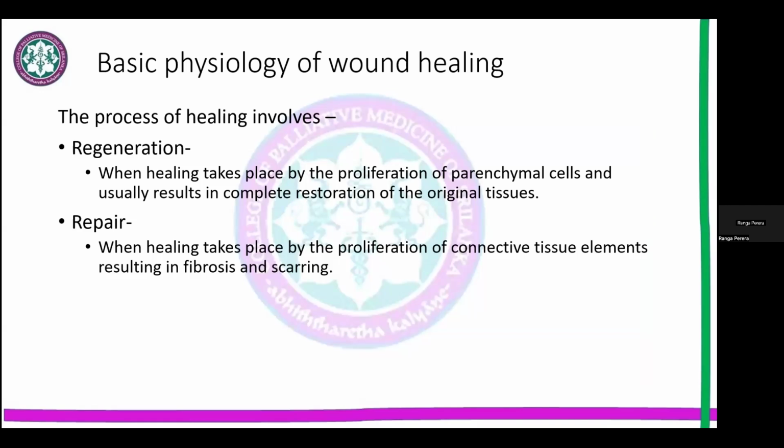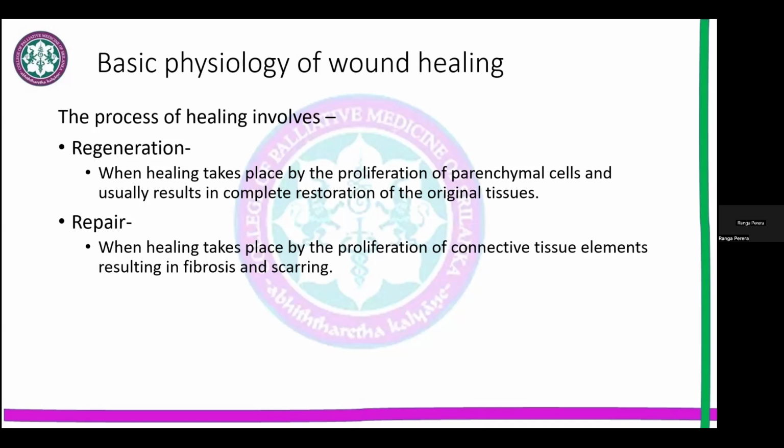Right. So the basic pathophysiology of wound healing involves two main processes. Number one is called regeneration. Regeneration is where the lost tissue is replaced by proliferation of parenchymal cells. It results in complete restoration of the organ tissue.